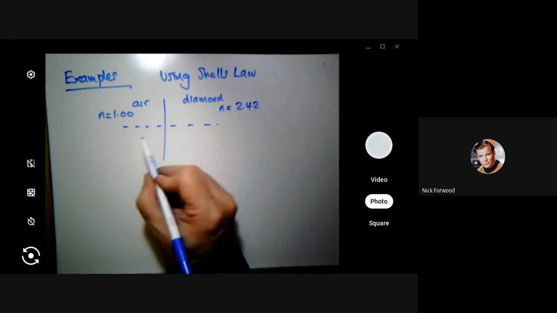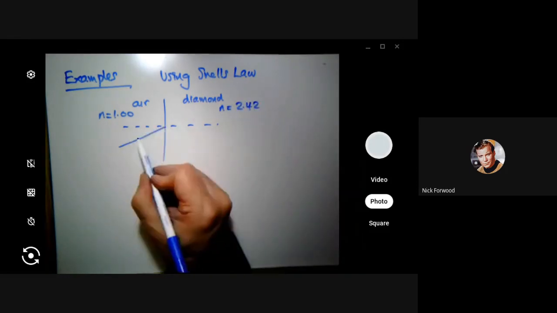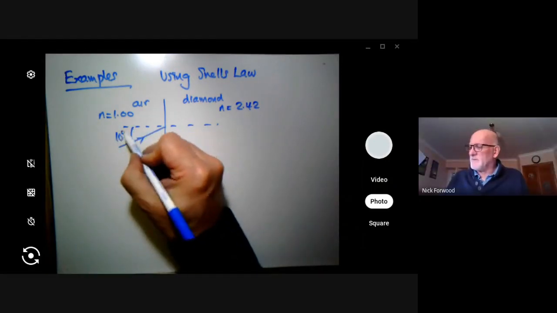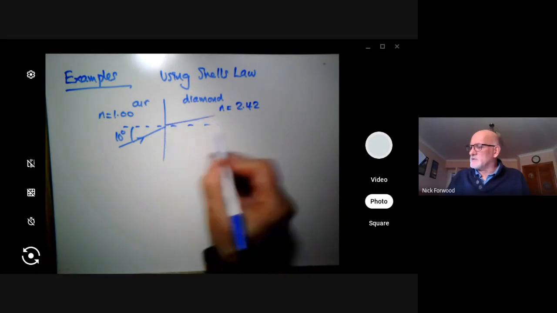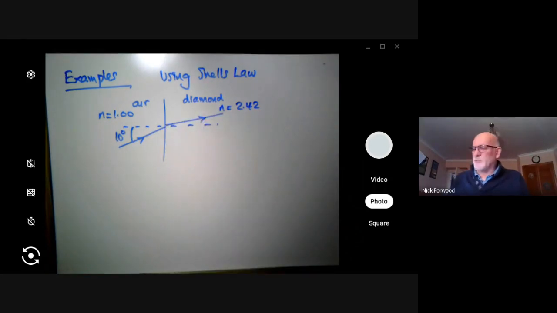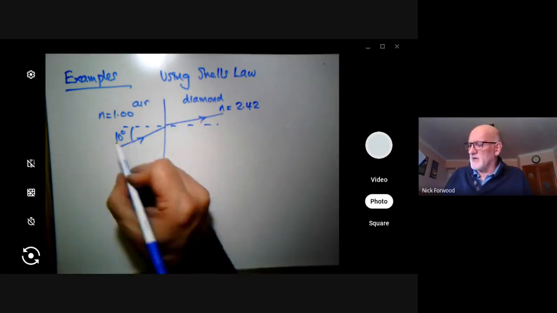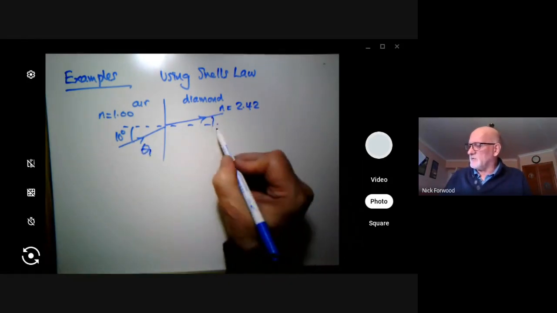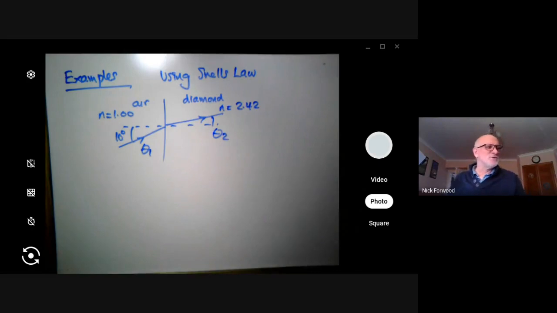And we've got a beam of light coming in at an angle of 10 degrees. And it goes off at some angle that we don't know. We know that this angle in air is called theta 1. We know that this angle here is called theta 2.